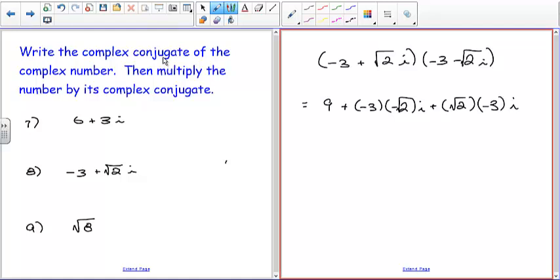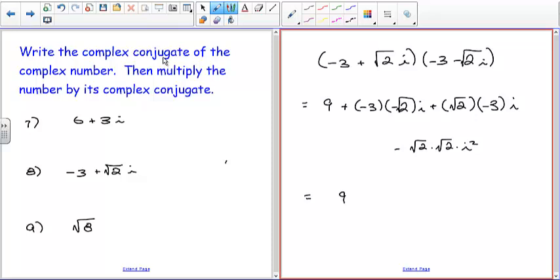And then you do last, which is going to be the square root of 2 times the square root of 2 times i squared. Gotta do a little inventory here. You get a negative sign from positive times negative. You get the square root of 2, the square root of 2, you get i times i.